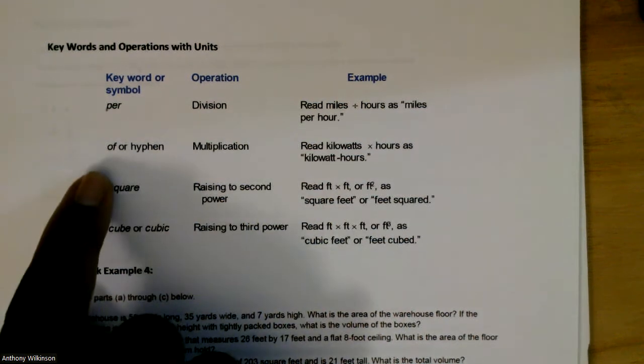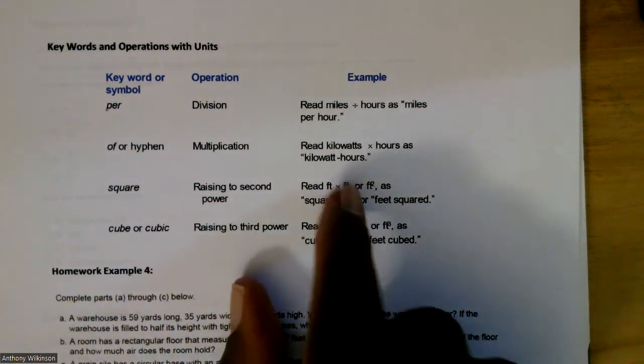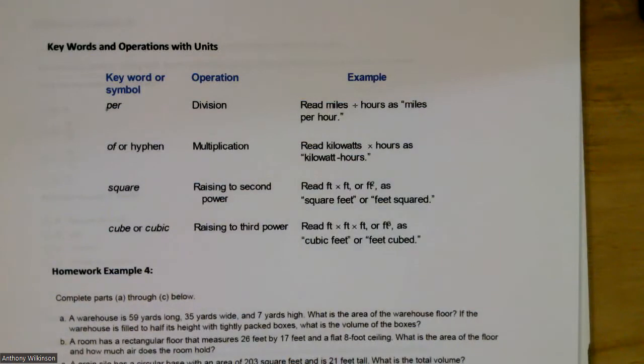Now, the word of, or something with a hyphen in it, implies multiplication. So kilowatts times hours can be read as kilowatt-hours with a hyphen in between those two words.